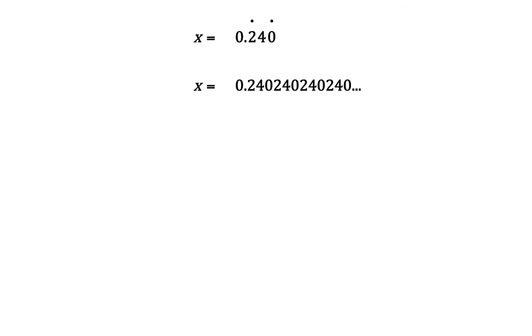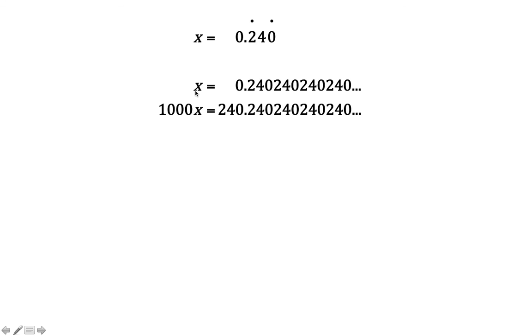Now I notice that that repeats every 3 digits. So if I multiplied that by 1,000 to get 1,000x, I'd get something that shifted all the decimals up by 3 digits, and you'd still get the 240, 240, 240s in the same place.